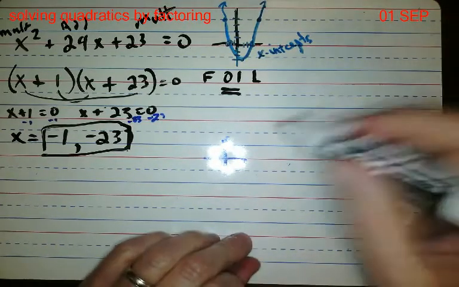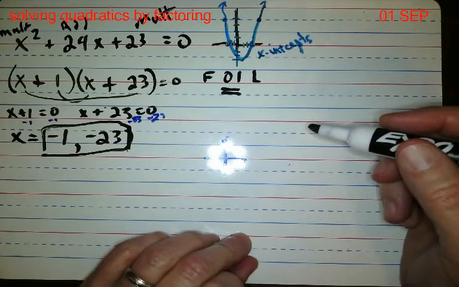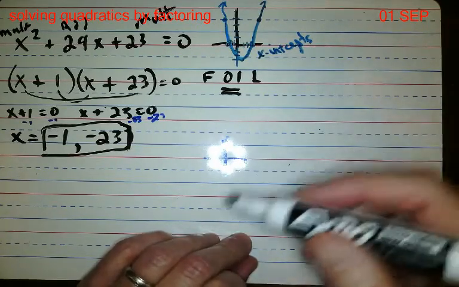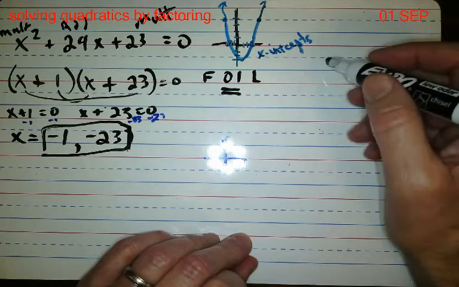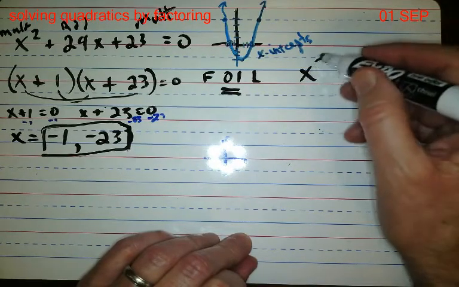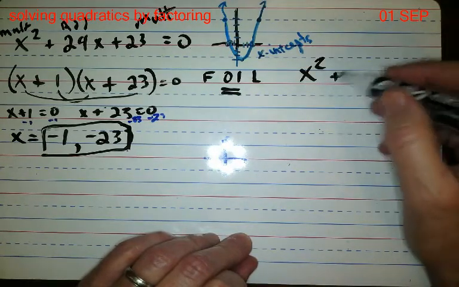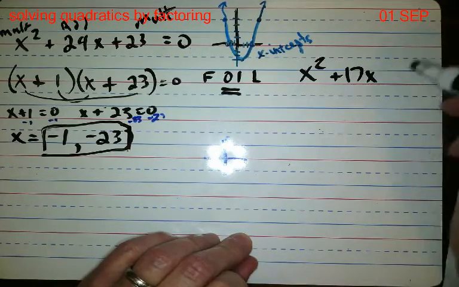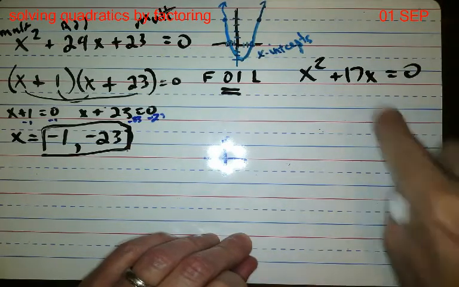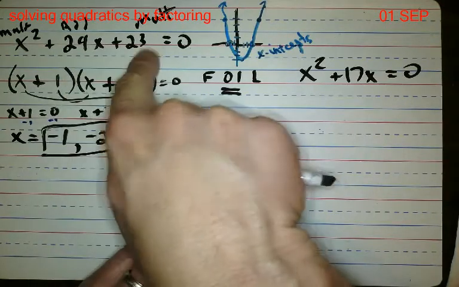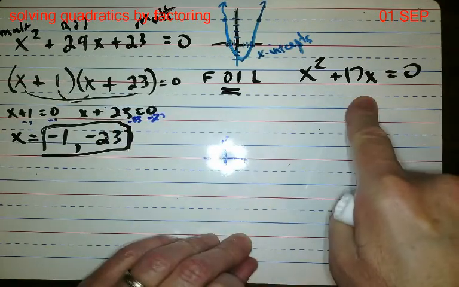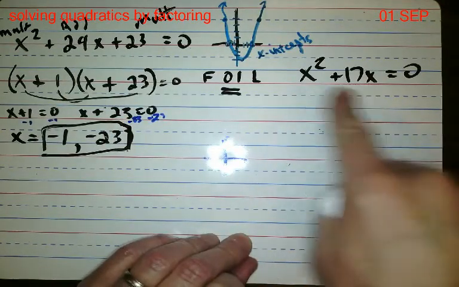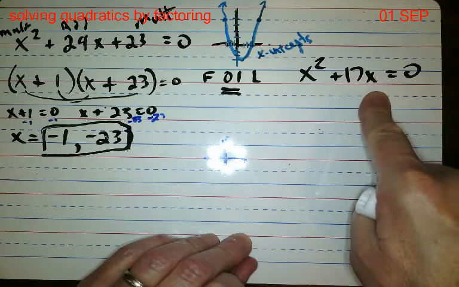What if we had a problem like this? X squared plus 17x equals 0. Now there's not 3 parts. 1, 2, 3. Here, this one had 3 parts. This only had 2 parts. So we have to look for something special going on here.